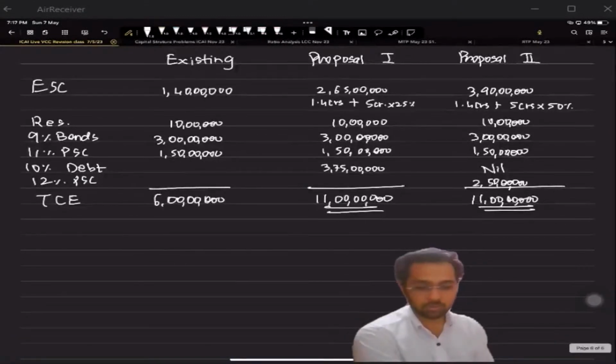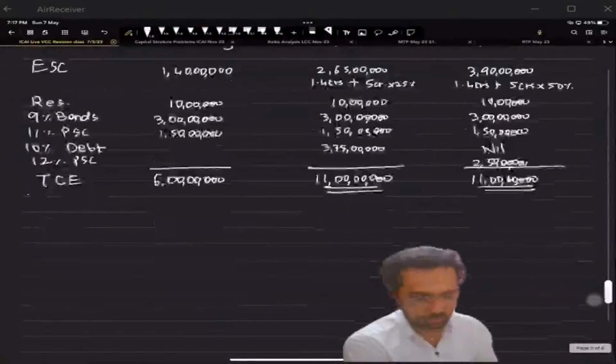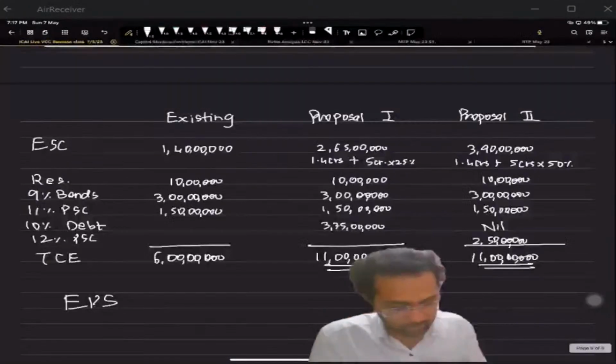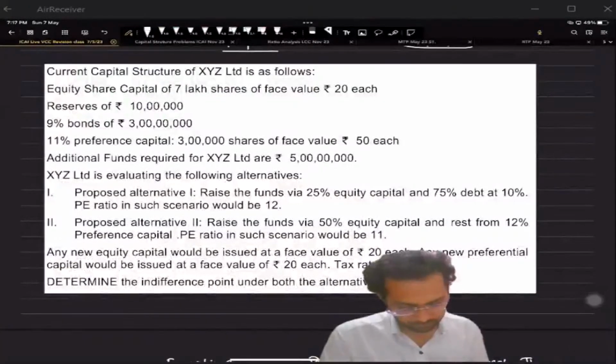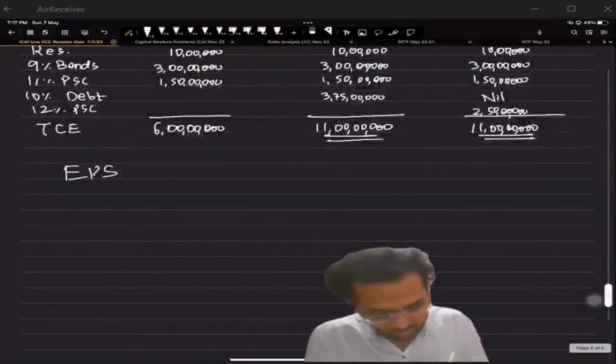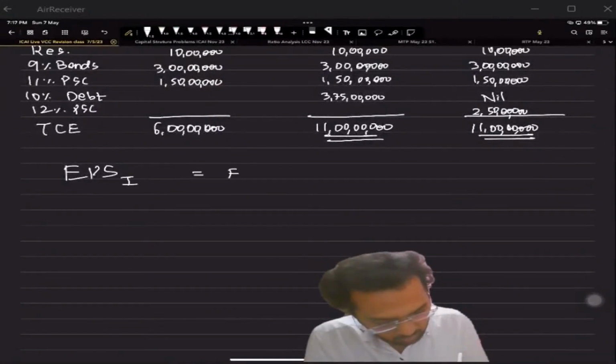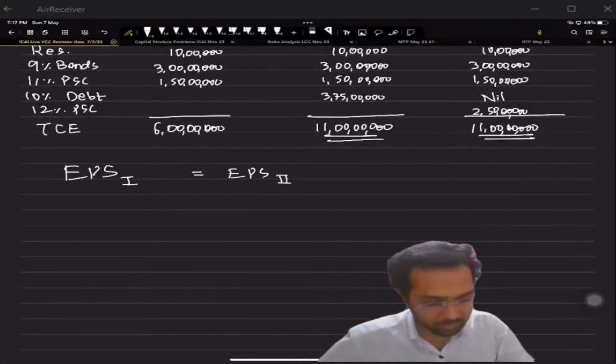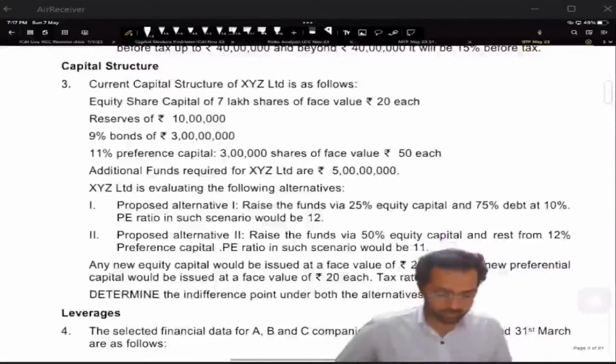Now we have to find out the indifference point. How do we find out the indifference point? We simply take the EPS of plan 1 to be equal to the EPS of plan 2. So we just form an equation and get the answer.